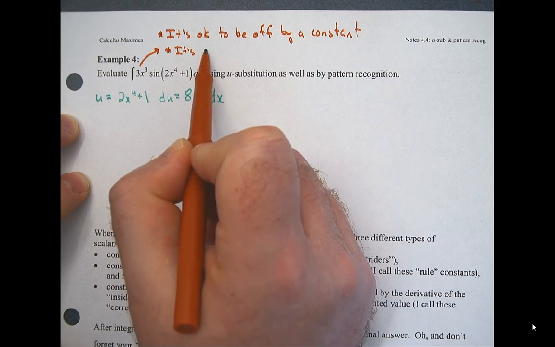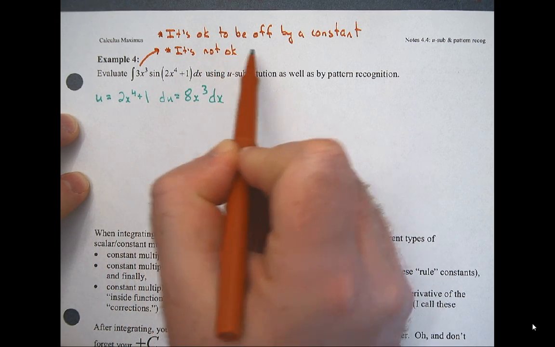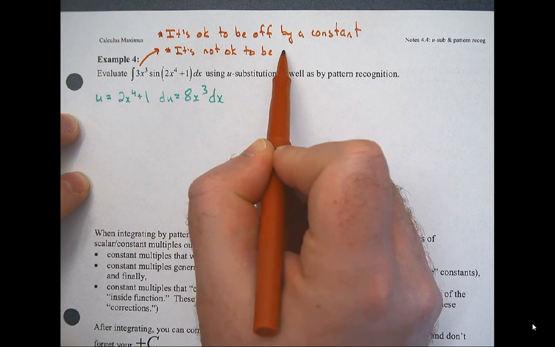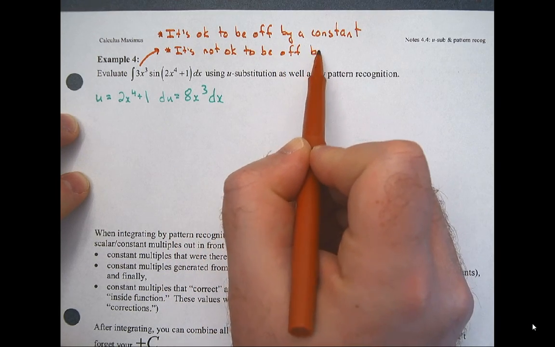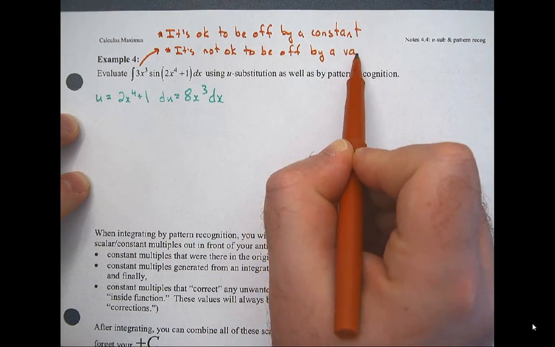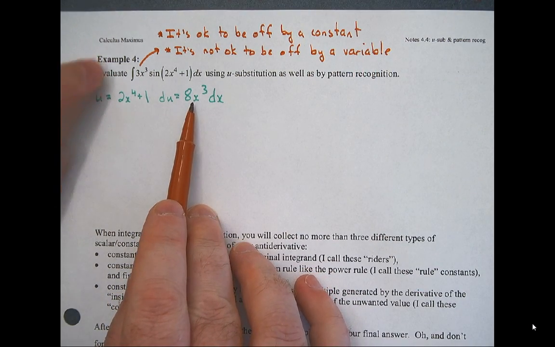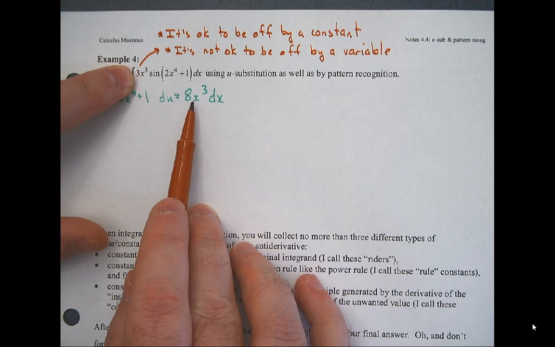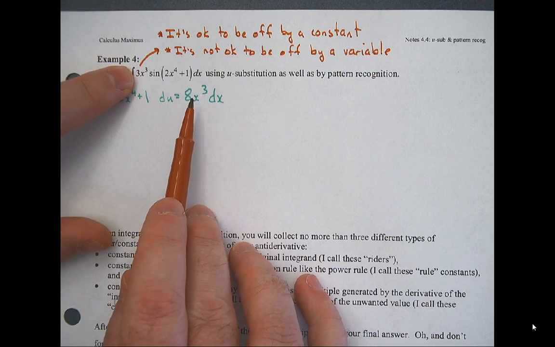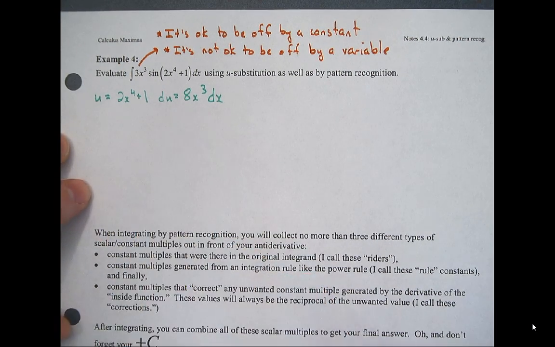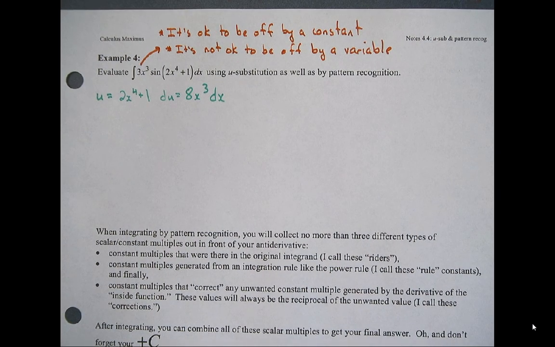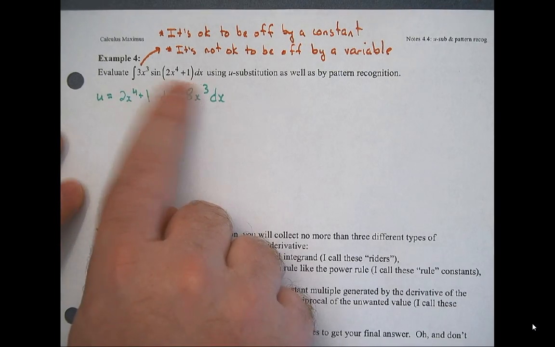It's not okay to be off by a variable. So let's say I needed x to the 3rd and I only had x to the 2nd. We're in big trouble. That's not easy to fix. The constants are easy to fix because we can just manipulate the equation to get what we want. All right, so let's look at this again.